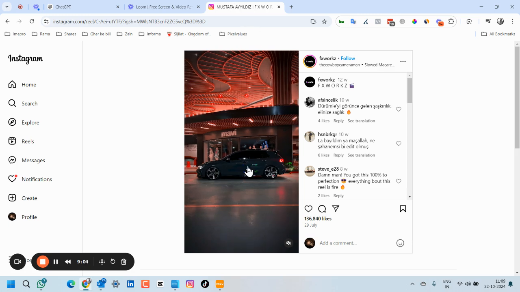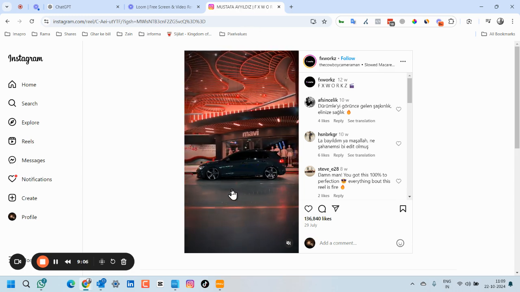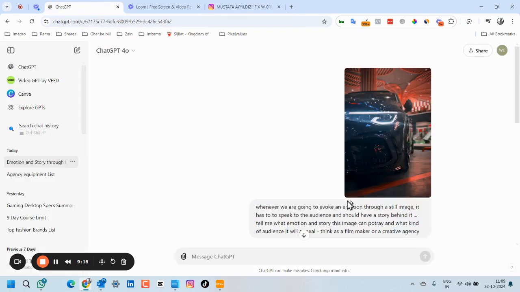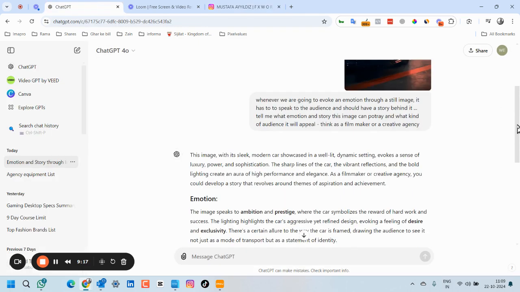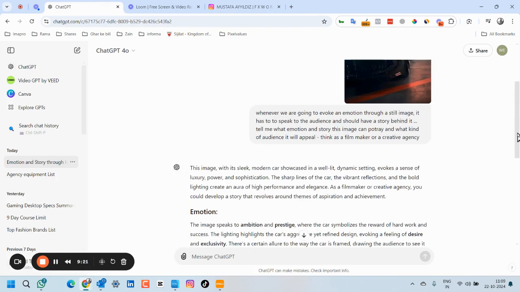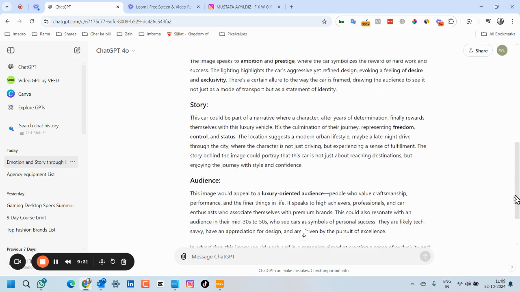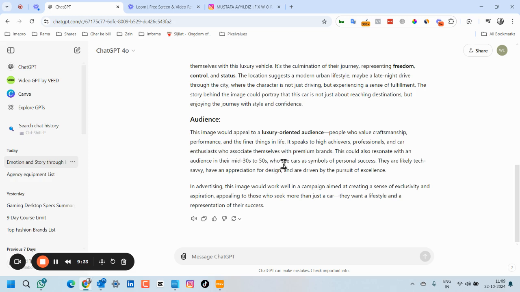So whenever you see a campaign and you want to copy it or get inspired from it, just do the analysis of what that campaign is evoking. You should first 100% know the emotions which they are trying to show, and when you get to know the emotion, okay, this aspiration and achievement, sense of luxury, power, and sophistication, you can easily create your audience.